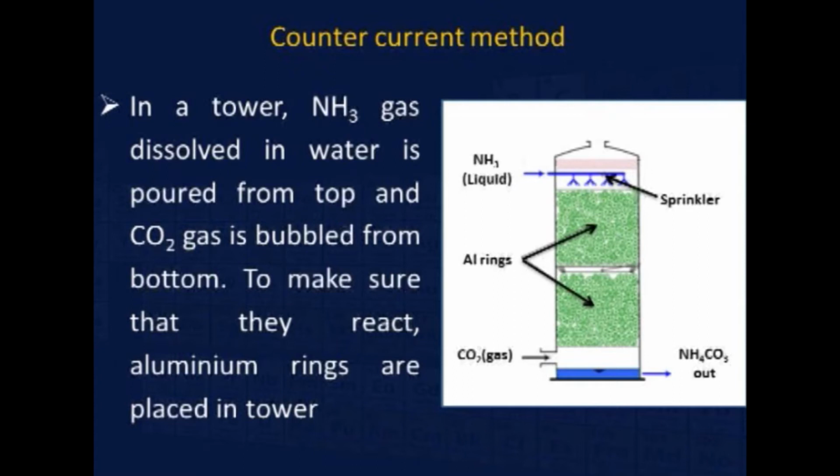In this, you can see that ammonia dissolved in water in a liquid form is dropped from the top of the furnace, and CO2 gas is bubbled from the bottom.